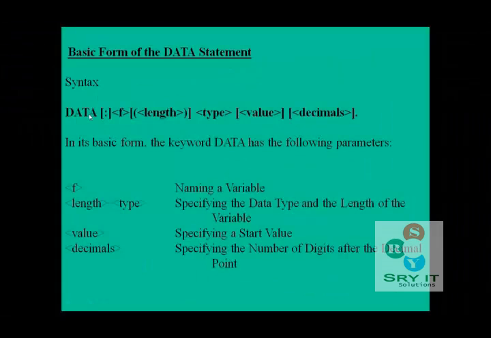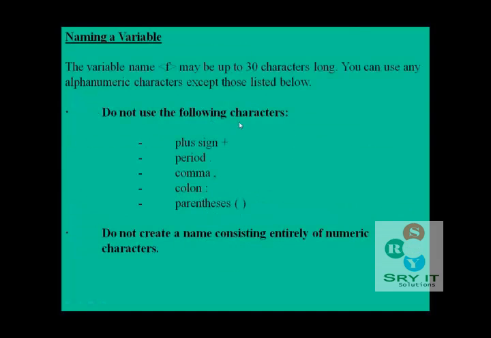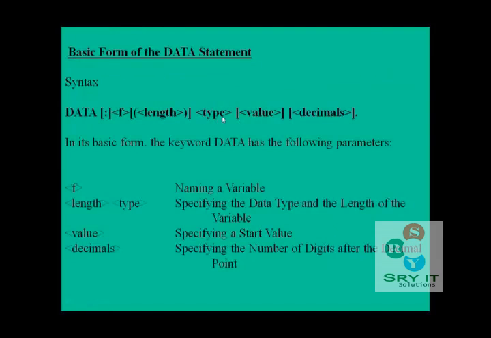So this is the keyword DATA, colon, field name or data object name, length and type, value and decimals. See here, DATA is a keyword, colon. If you observe anywhere in ABAP syntax, this bracket indicates optional, not mandatory.